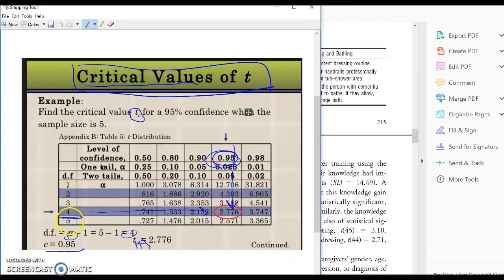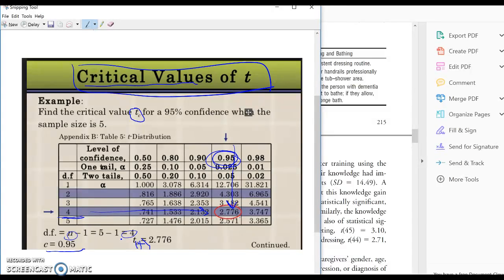The sample size was 5, and because this statistic is based off degrees of freedom, which I will explain, you have to take n minus 1. So n minus 1 equals 4, and you're allowed to vary 4 degrees of freedom. Now, what is degrees of freedom? Degrees of freedom is how much room you're allowed to vary.